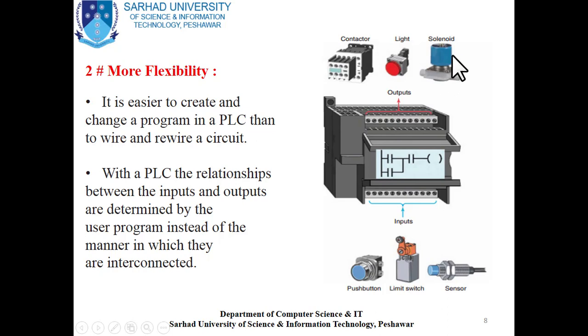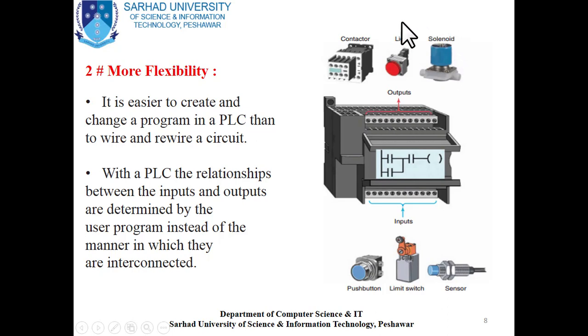This one is the pictorial diagram of a solenoid. We can control a solenoid from a PLC if we connect the solenoid to the output terminals. Here you can see the pictorial diagram of a light which can be connected to the output of a PLC, and here you can see the pictorial diagram of a contactor, and this contactor can be connected to the output of a PLC.